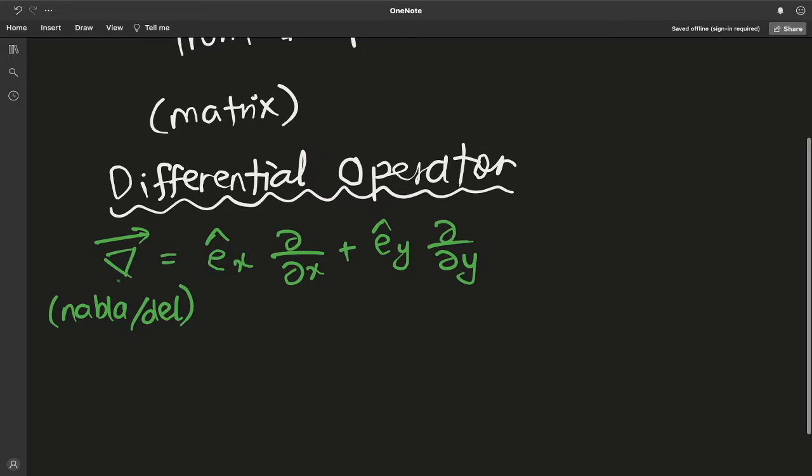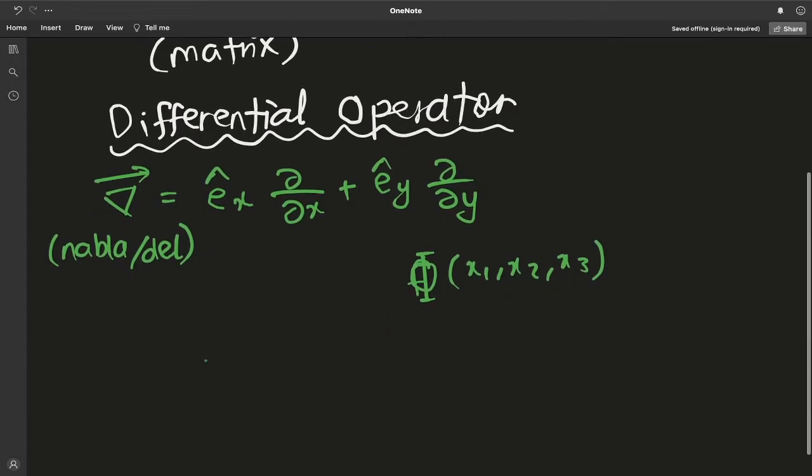If given a function, you may choose to do different things with this operator. First thing you can do is apply it. So assuming you have some scalar function, let's call it phi of x1, x2, x3. What you can do is apply it directly.